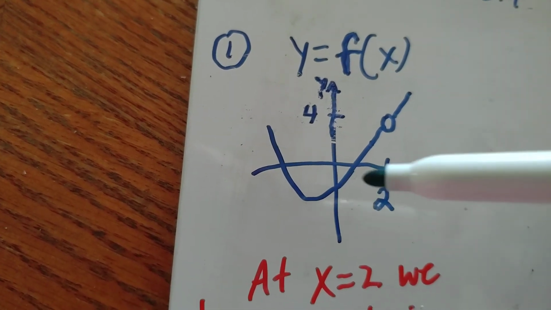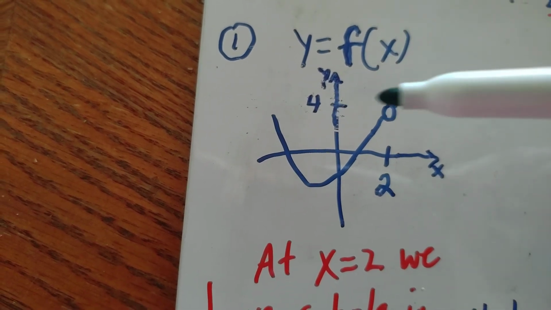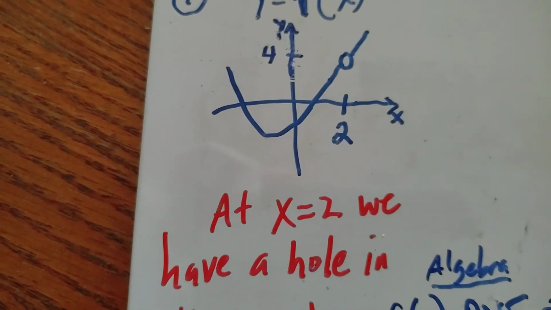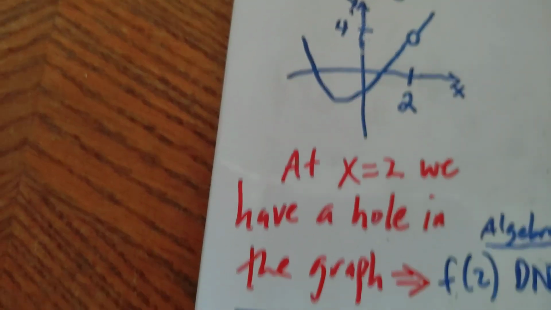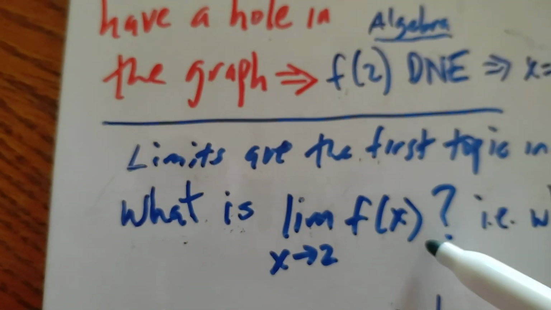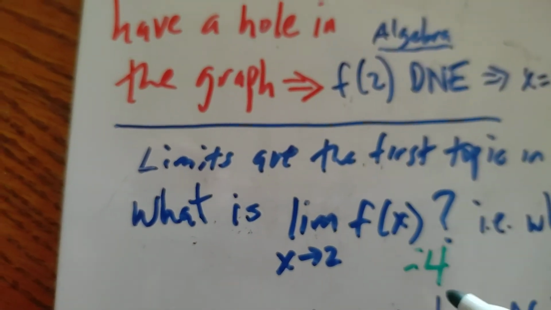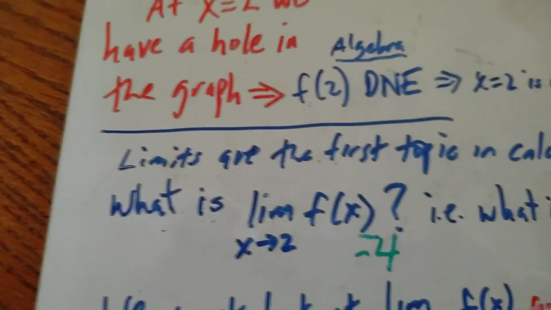As x gets closer and closer to 2, it looks like the intended height is 4. In fact, that's going to be the answer to our limit question. The limit as x approaches 2 of f of x is going to be 4. But let's show more why that's the answer.